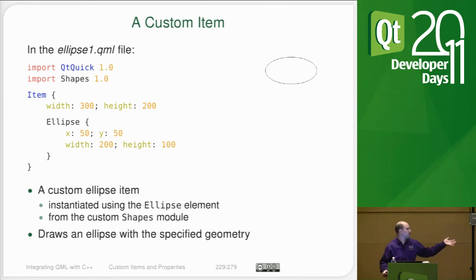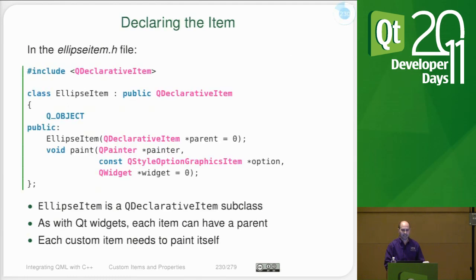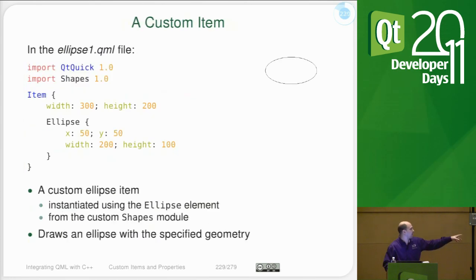From the point of view of this file, the user does not know if Ellipse is another QML file or whether it's one of these C++ plugins. So it's very clean from an API standpoint. And the ellipse is just going to draw the little ellipse on the right. It's pretty basic.